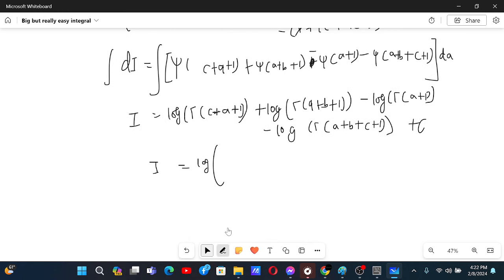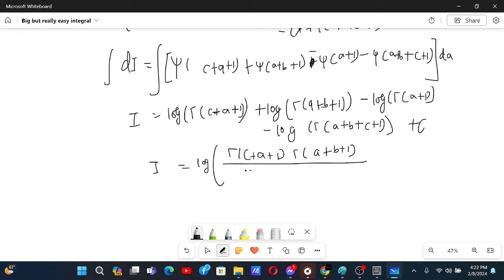This can be written as gamma of c plus a plus 1, and then gamma of a plus b plus 1, by gamma of a plus 1 gamma of a plus b plus c plus 1, and then plus c. Now this is the integral.